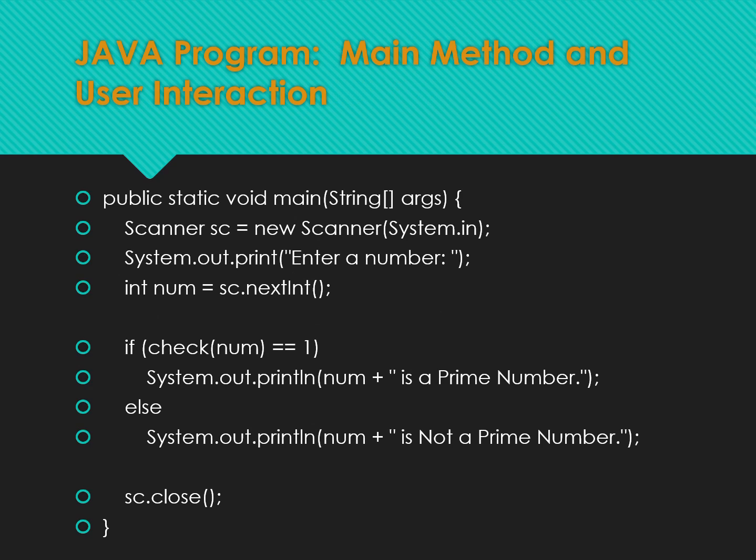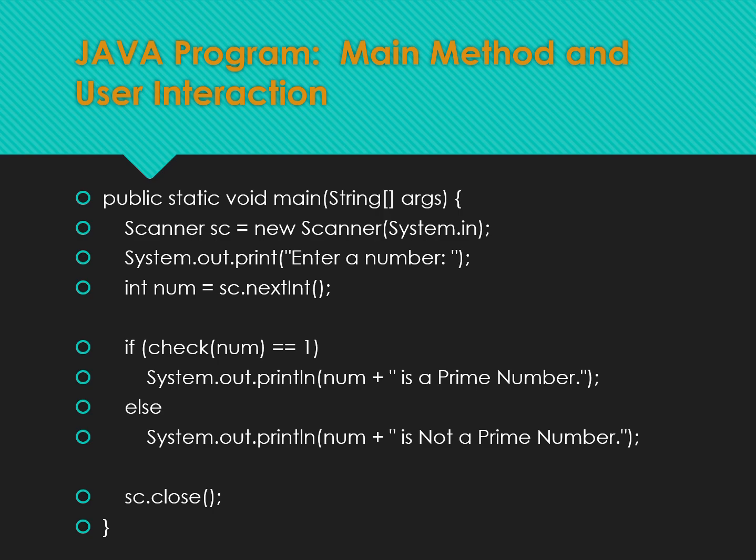This slide highlights the main method, where user interaction takes place. First, we create a Scanner object named sc to read input from the user. The program prompts the user to enter a number, and reads the input into the variable num. Then, the program calls the check function with num as the argument.